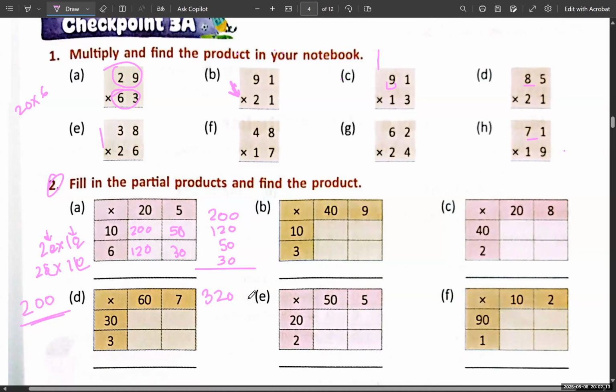Can you repeat? I was saying we have to add 50 and 30 as well. 50 plus 30 will be how much? Let's just add it here only.